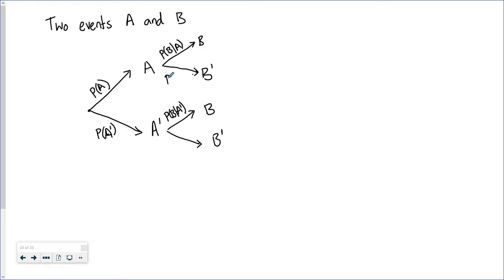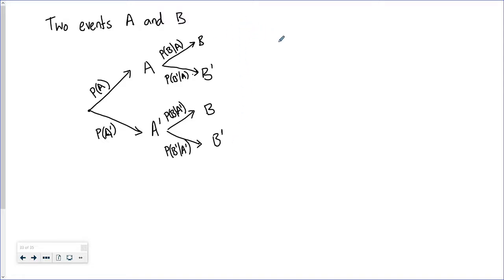And similarly here we can put the probability of B not happening, given that we know A has happened. And again, those two branches will have to add up to 1. And here we're going to have the probability of B not happening, given that we know A hasn't happened because we've gone down that A dashed branch. And again, those two probabilities will have to add up to 1.